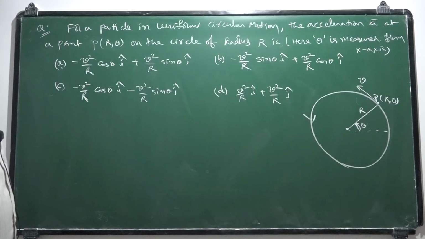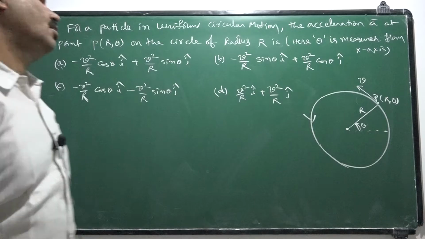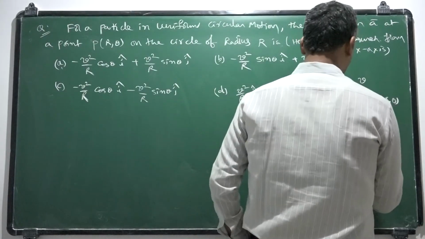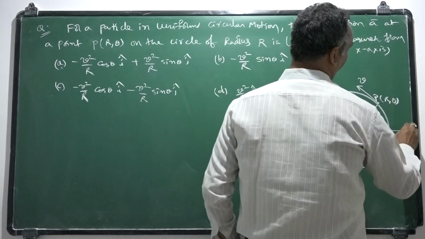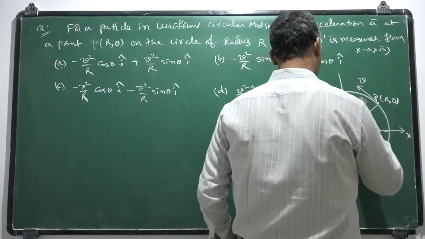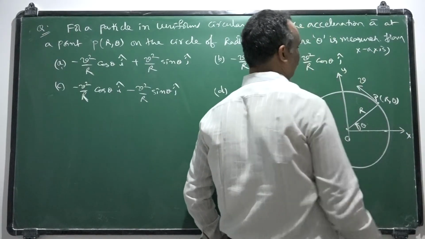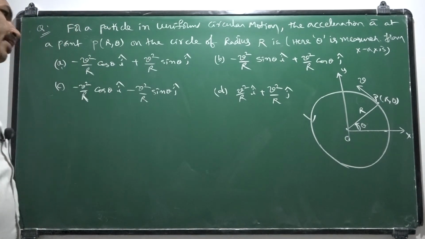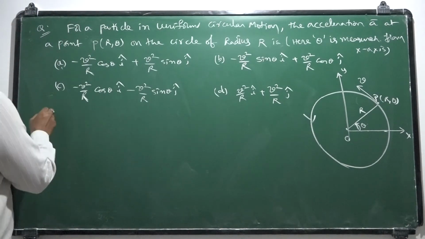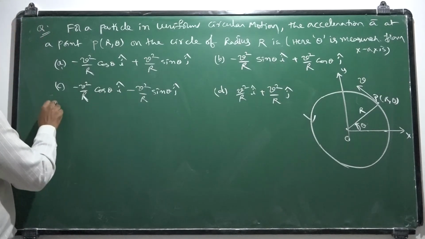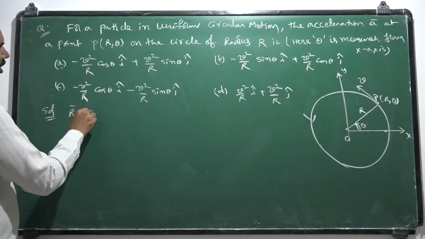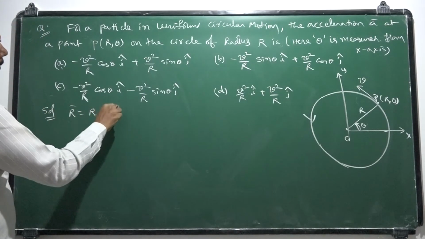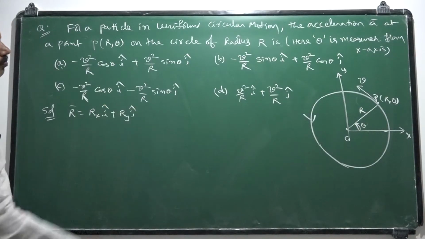First of all, let me take the position vector of the particle. In order to write the position vector, I should take this as origin, this as x-axis, and this as y-axis. Position vector of the particle r bar is given by rx i cap plus ry j cap.